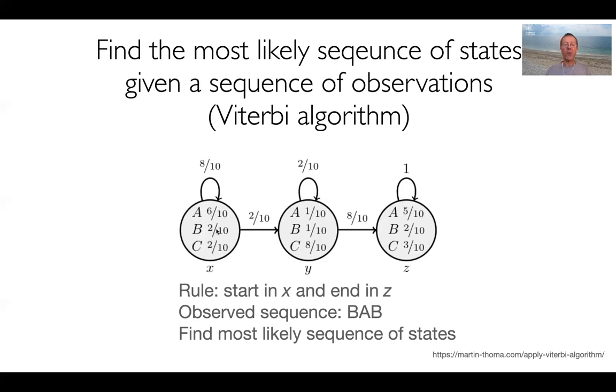We start in X, but of course, we can then remain in X for one step, or we can go directly to Y and perhaps remain in Y for one step, or we can go directly to Z and perhaps remain in Z for one step. So there are a couple of different ways that we can generate the BAB sequence, right? And we want to infer the most likely one, which state sequence is most likely to generate the observed sequence BAB.